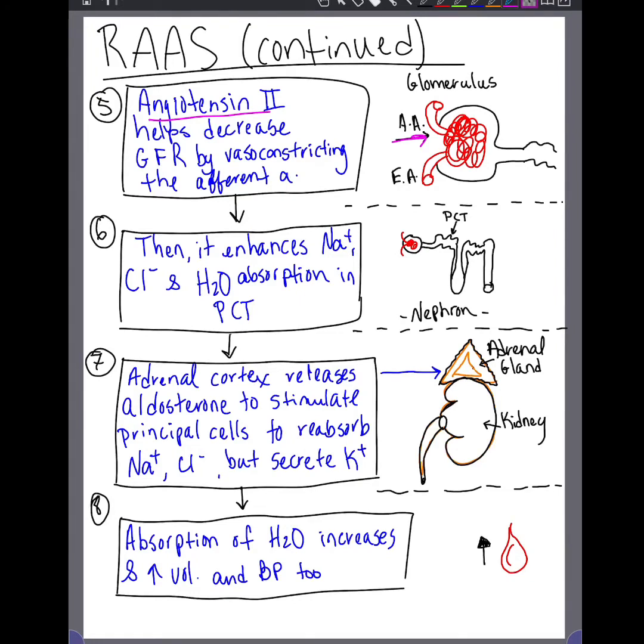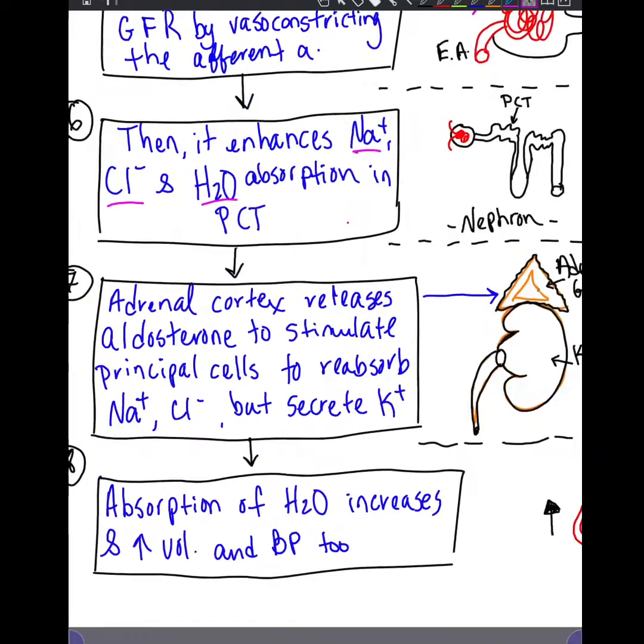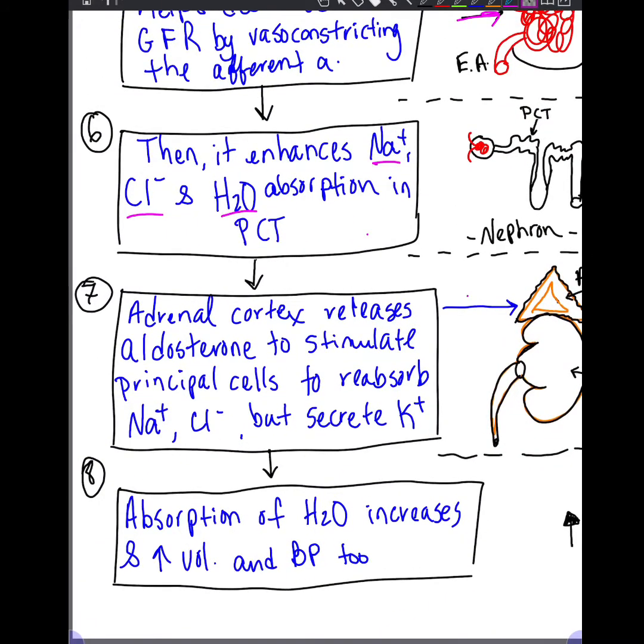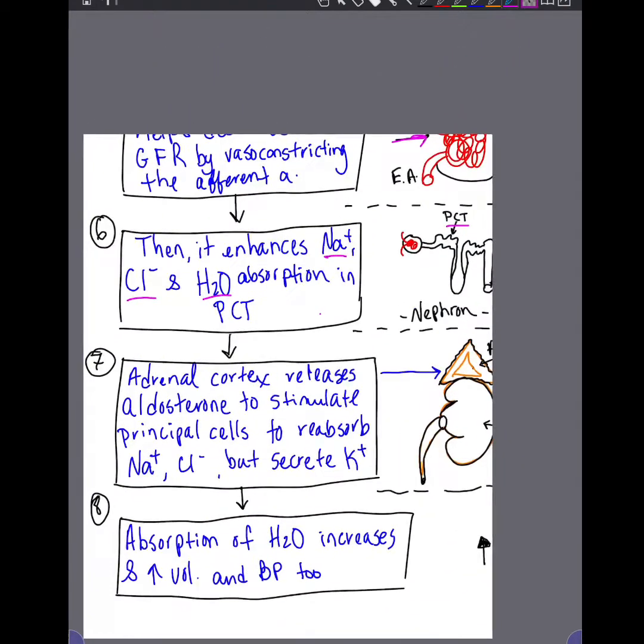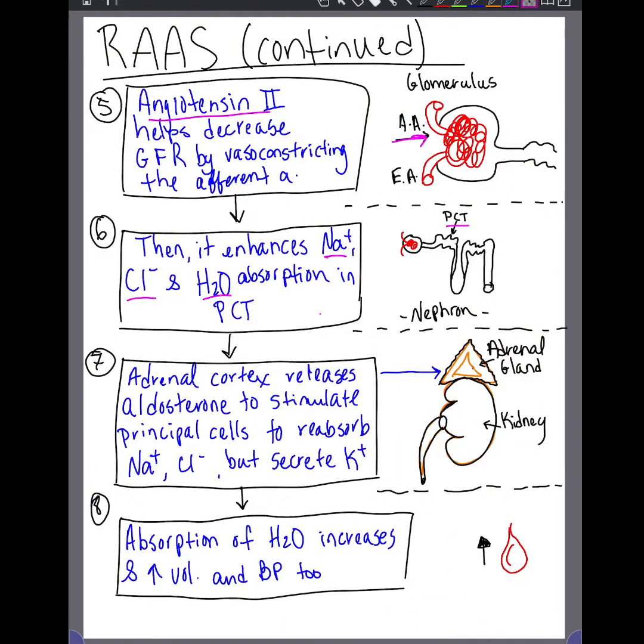Then it enhances the sodium, chloride, and water absorption in the proximal convoluted tubules. Once that happens, this stimulates the adrenal cortex to release aldosterone, which stimulates the principal cells to reabsorb sodium and chloride and secrete potassium.